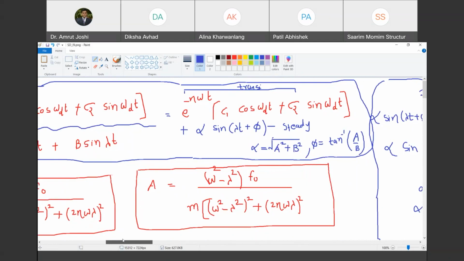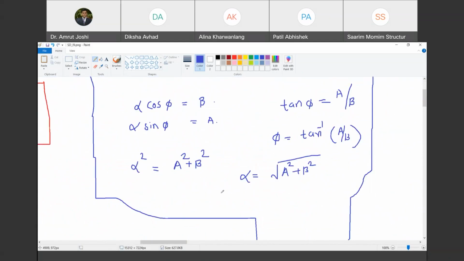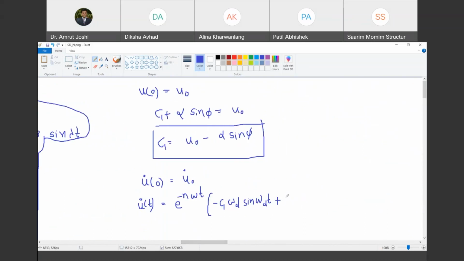So e raised to minus eta omega t into minus C1 omega d sin omega d t. So बोलते जाना, मैं लिखते जाता हूँ. e raised to minus eta omega t as it is into bracket minus C1 omega d sin omega d t, आगे, plus C2 omega d cos omega d t.